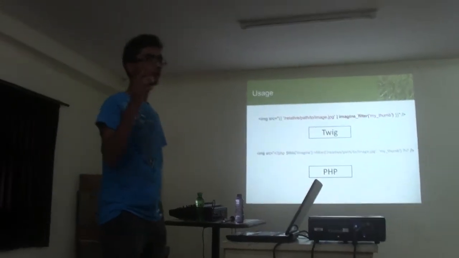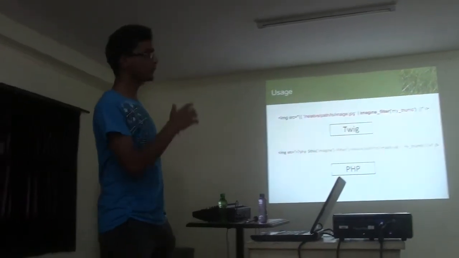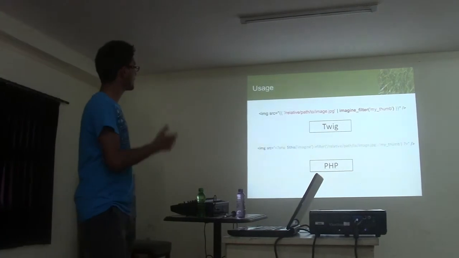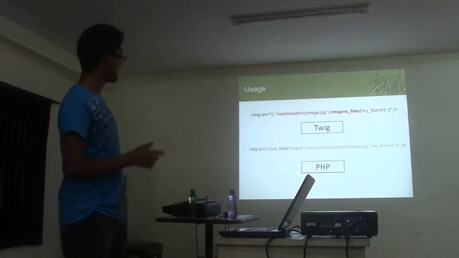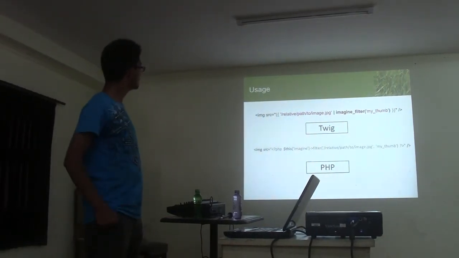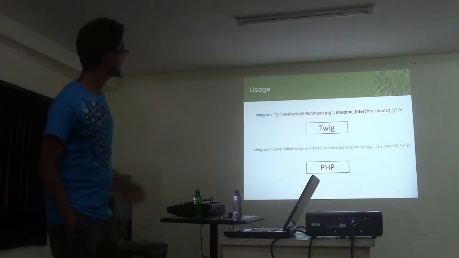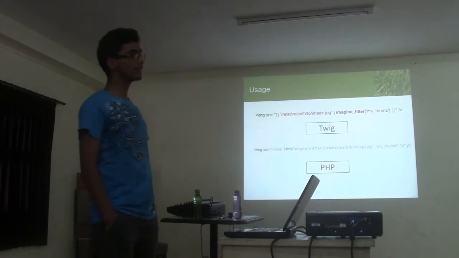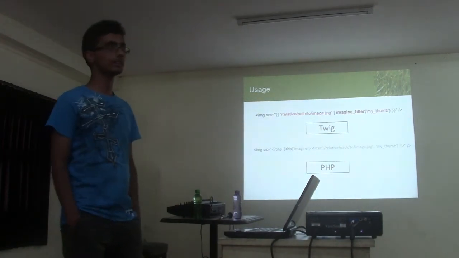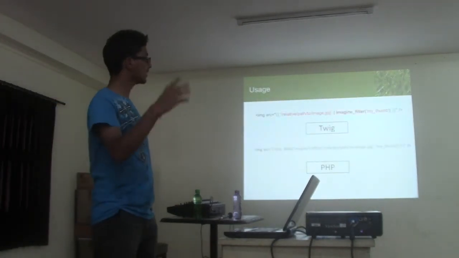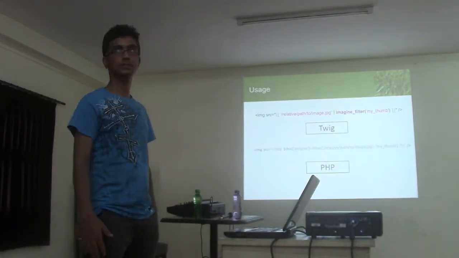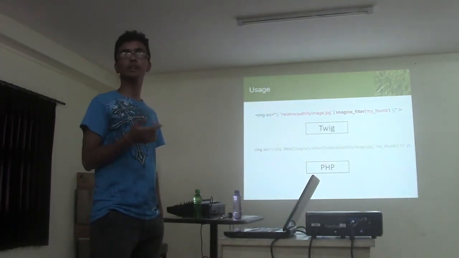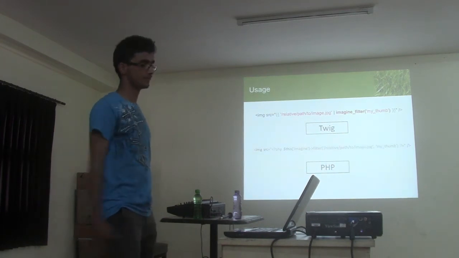After you have configured the filter, this is how you use the filter in Twig templates and PHP templates. It is quite similar to the one I showed before in Zend Framework 2. It also creates a cache in the web root, so the next time there is no need for PHP to manipulate the images, and Apache can serve the images directly from the file system.